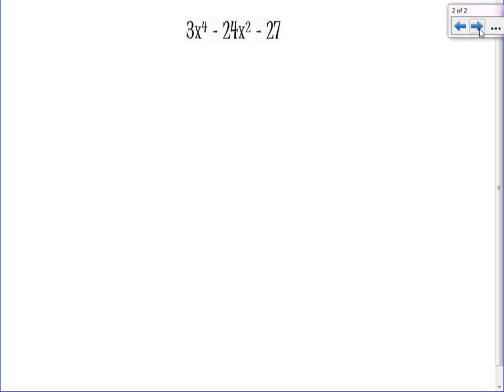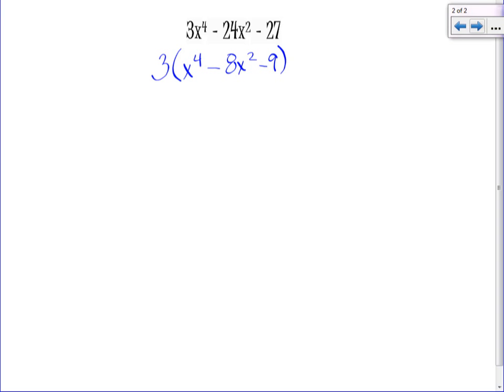Because what can we take out here? 3. So if we take a 3 out, what are we left with? x to the fourth minus 8x squared minus 9. Okay, now this one looks a little bit different than what we've seen before, right? There's a 4th and a squared instead.